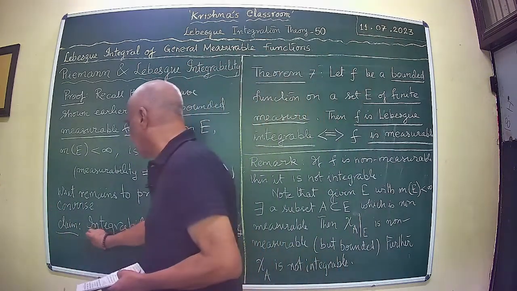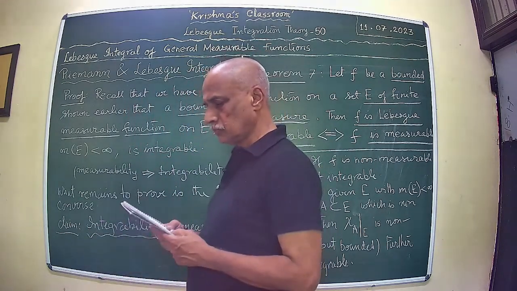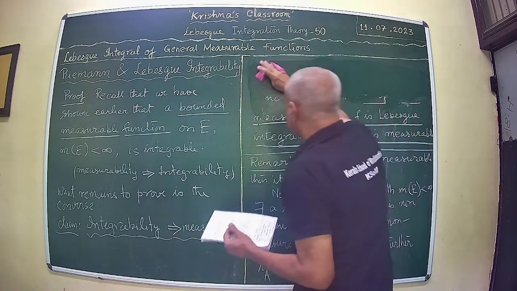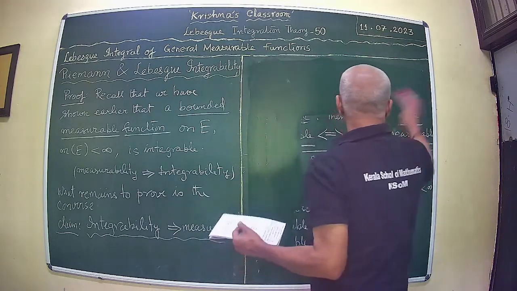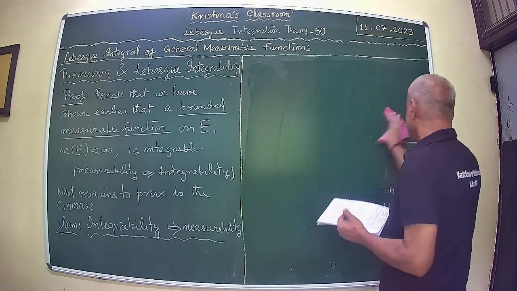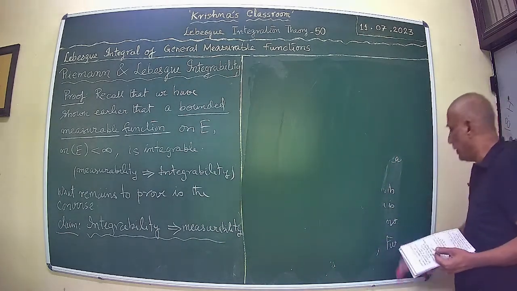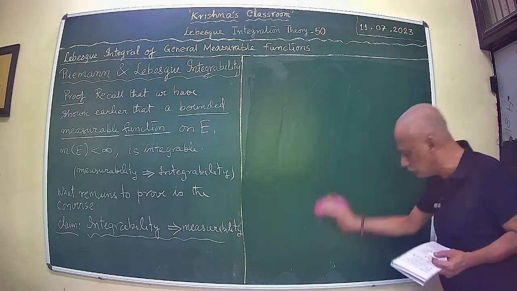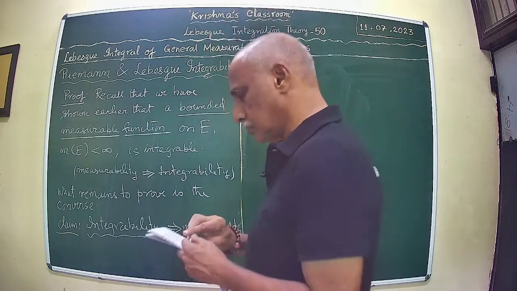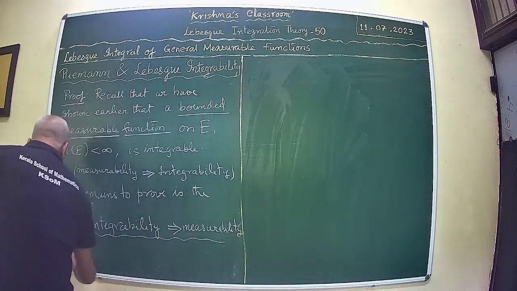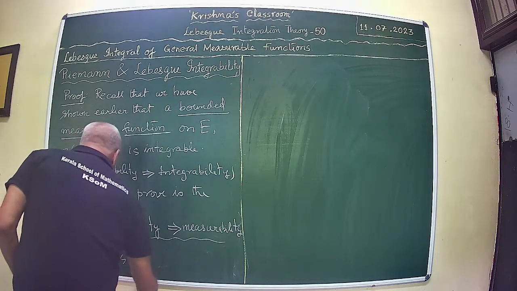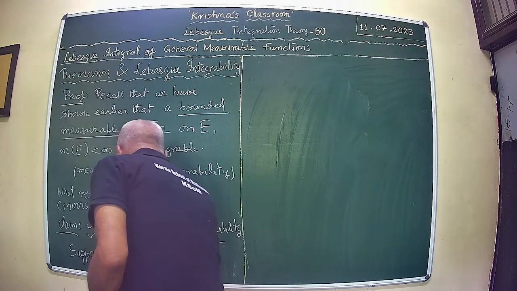This is what we want to do. Remember, E is a measurable set with finite measure, and we are assuming f is an integrable function on E. Okay. Suppose f is integrable.